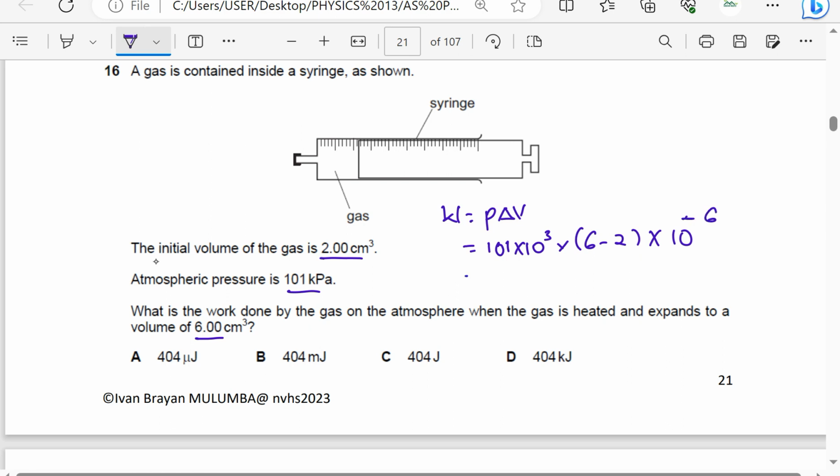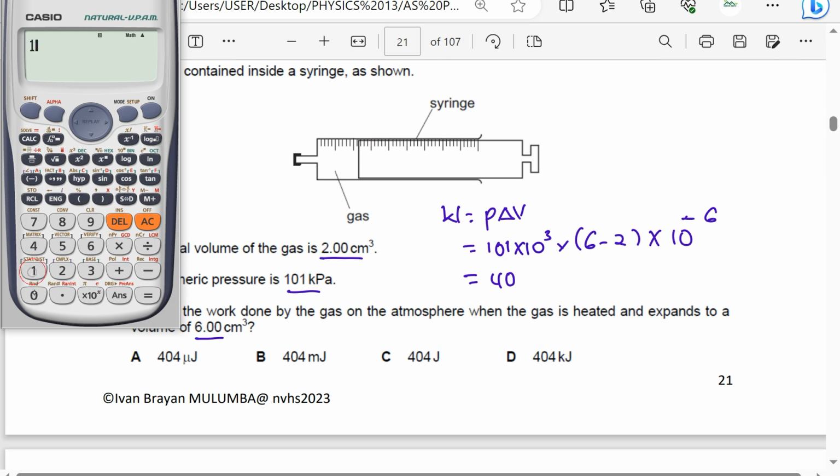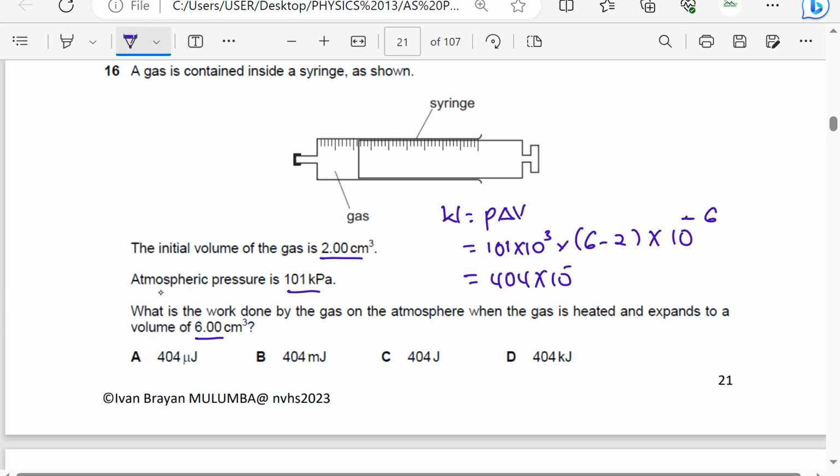So this is equal to 101 times 4. That is 404 times 10 power minus 3. This is in joules. Of course, minus 3 is millijoules, so the answer is going to be B. That is 404 millijoules.